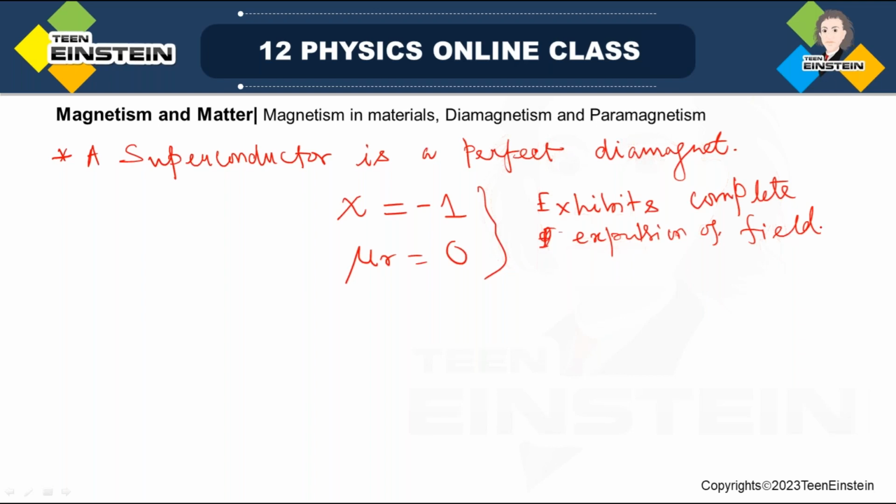Complete expulsion of field lines. That means all the magnetic field lines will be expelled. In case of a normal diamagnet, there may be some magnetic field lines passing through. But for a perfect diamagnet, all the field lines will be outside. Nothing will pass through them. This complete expulsion is called the Meissner effect. That means no magnetic field lines will be passing through it.